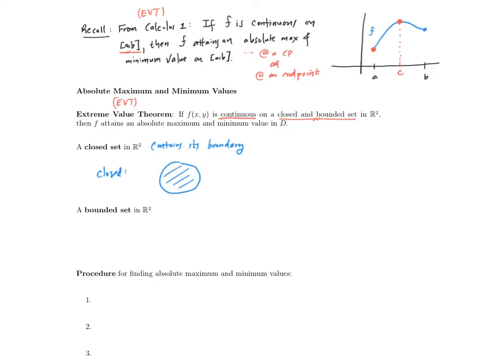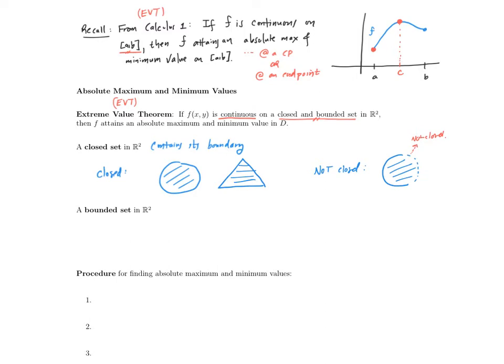Or maybe a triangle or rectangular region, pick your favorite, and everything on the boundary and everything inside. Something that would be not closed would be to take either of these examples and just remove a portion of its boundary. For example, if we remove some of the boundary of that circle, it does not contain its boundary. So not closed.